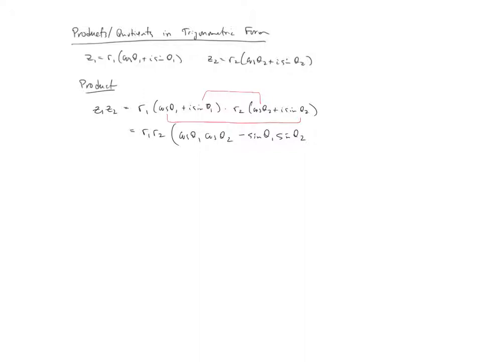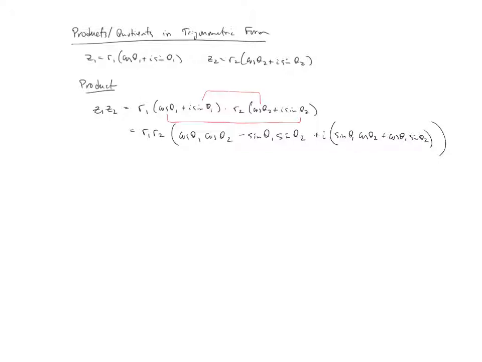So, thinking ahead a step or two, I'm going to factor out the i and just focus on the sines and cosines. After factoring out the i, we'll get sine theta 1 cosine theta 2 plus cosine theta 1 sine theta 2. Now, if you need to write out a few more steps to confirm that, by all means do so.